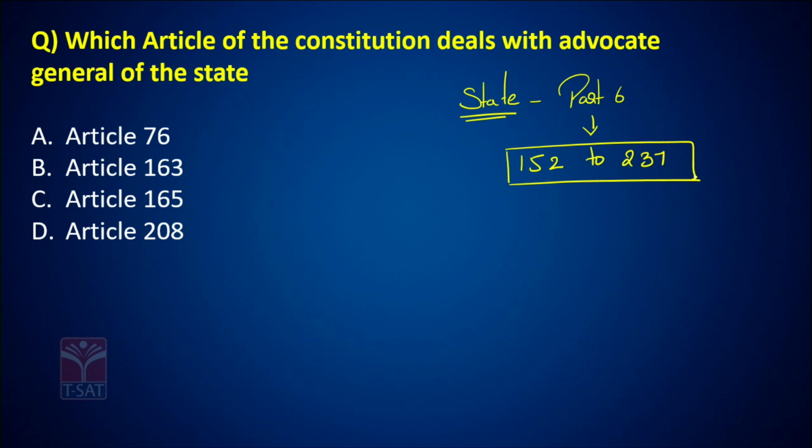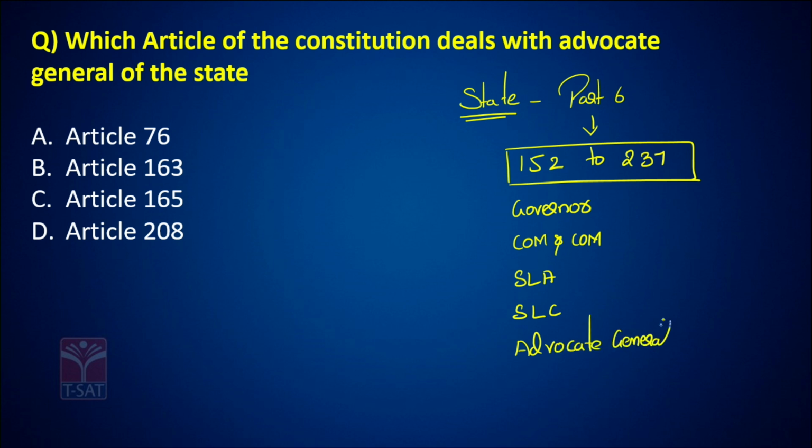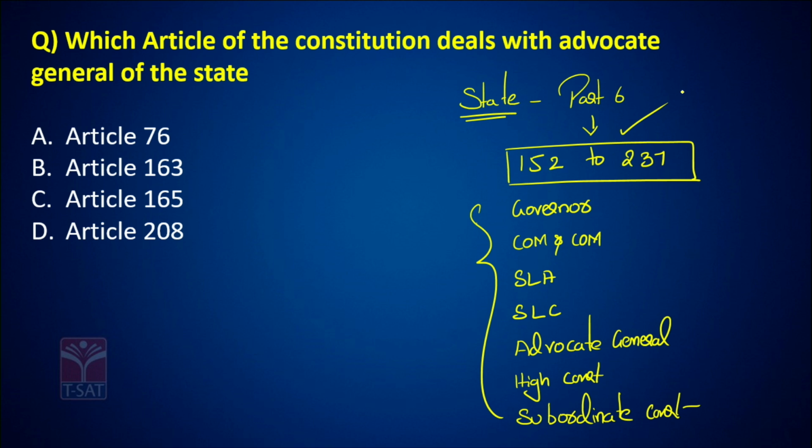As part of this Article 152 to 237, it consists of the governor, the Council of Ministers and CM, the State Legislative Assembly, the State Legislative Council, the Advocate General, the High Court, and the subordinate court. So, these are discussed in Part 6 of the Constitution. Now, I am talking about Advocate General.